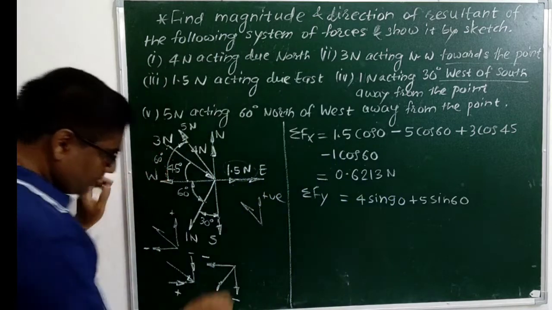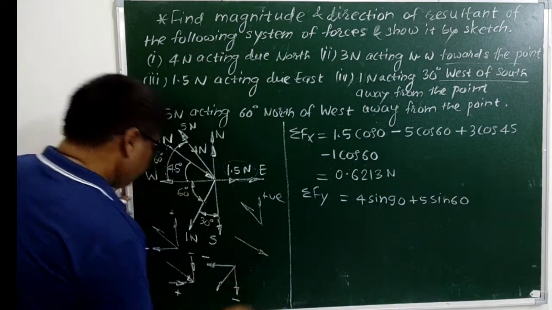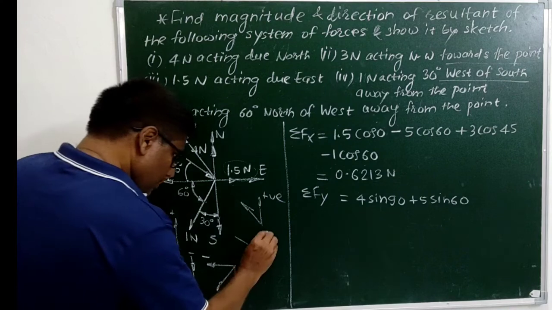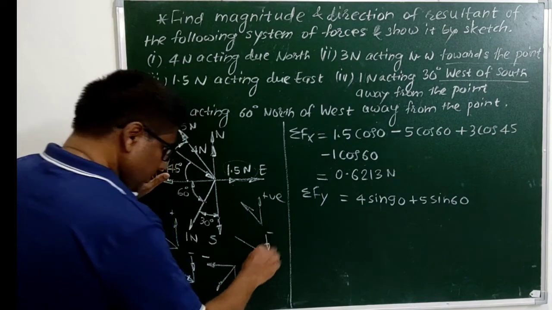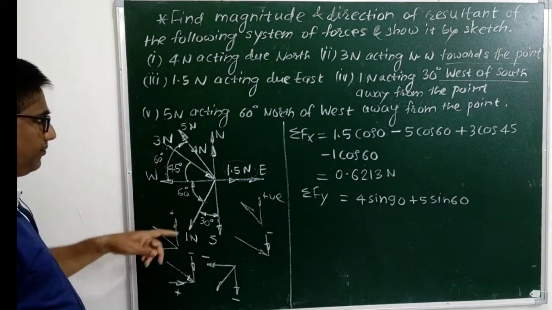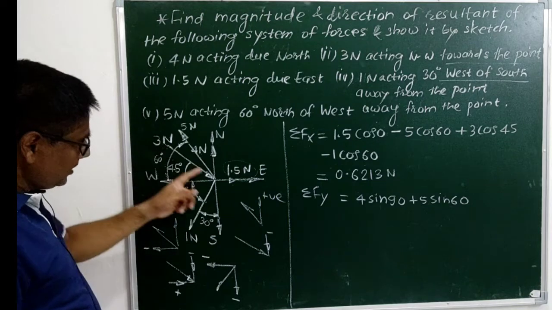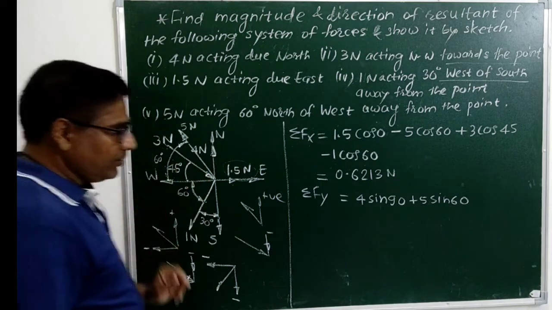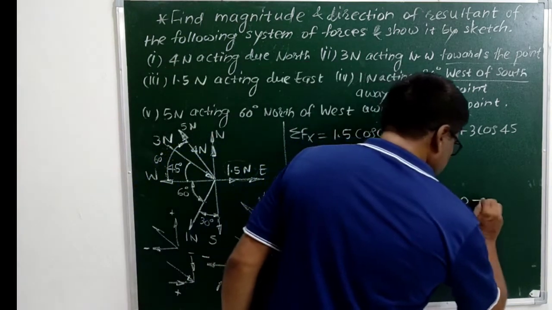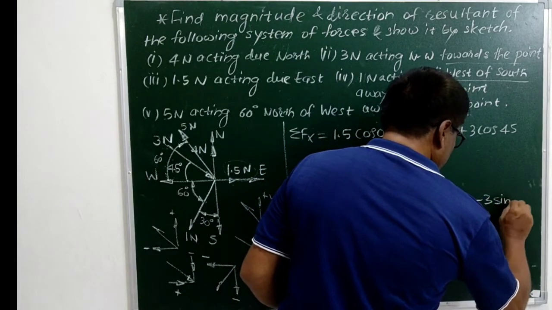Now this is the third force, which is a push type of force in the second quadrant, therefore its vertical component is negative, it will act towards down. It is minus 3 sin 45.